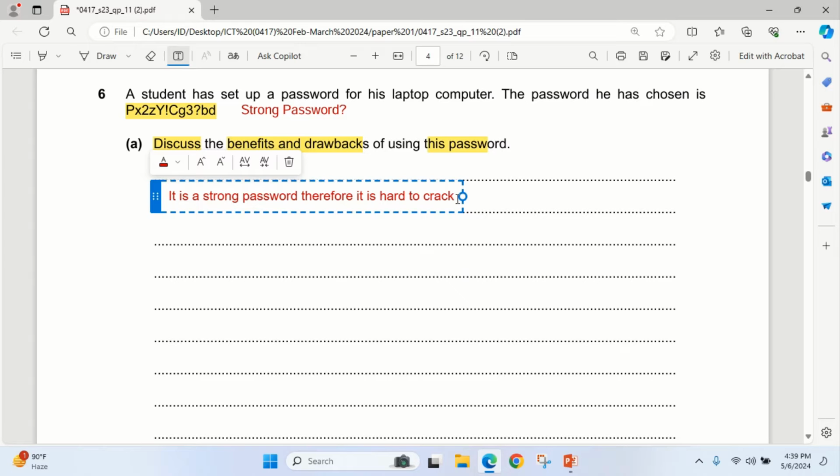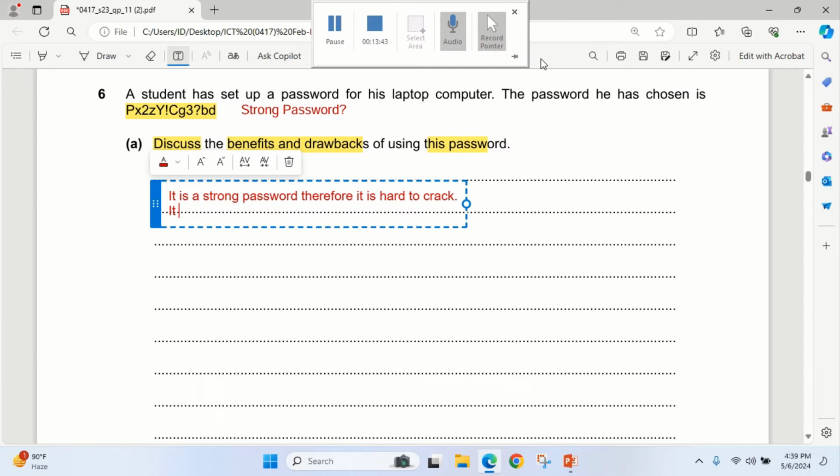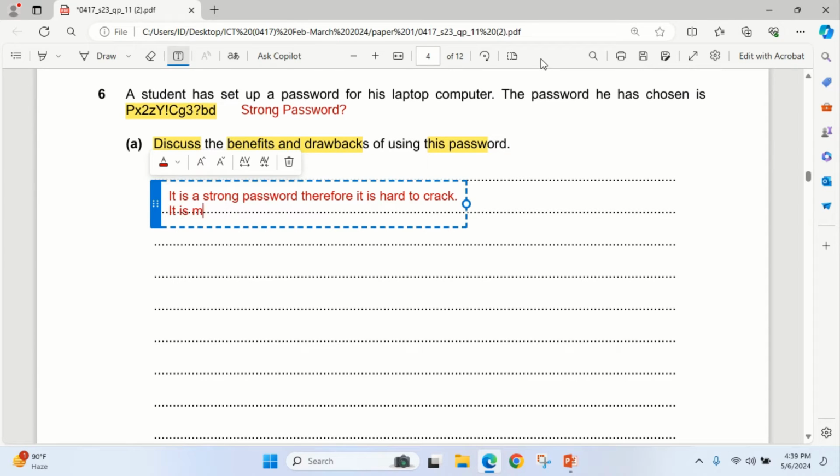Another thing that you can say about it is that it is more secure. As a strong password, it is more secure. Then another thing, you can say that the password is long enough. It's long enough. Therefore, it's not easy for shoulder surfing.